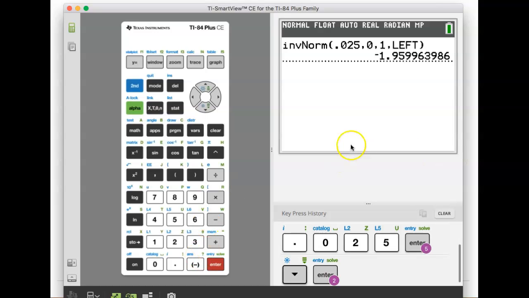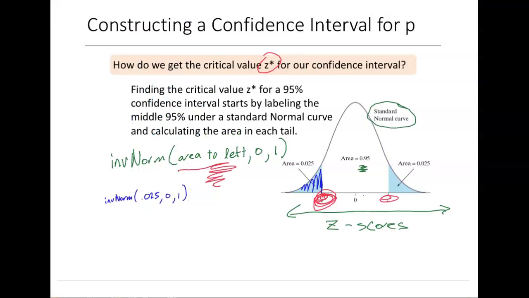And like I said, you could find either critical value. The other one, the positive one, is just going to be the exact same, but positive. But what area would I enter if I'm looking for that critical value up there? What's the total area to the left, meaning this and this? What's the total area to the left of this critical value?